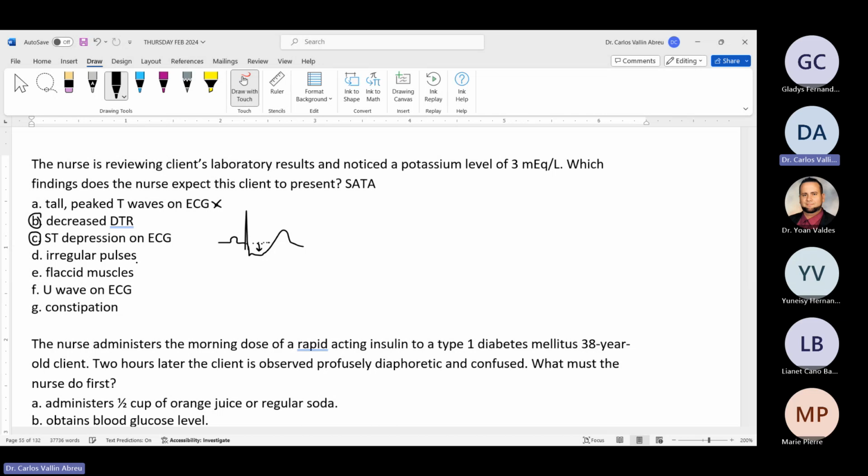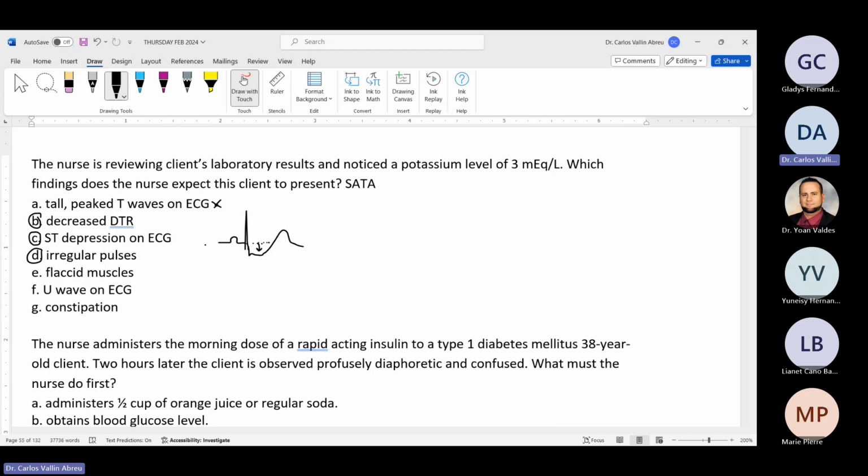Irregular pulses. This is difficult to interpret, but theoretically, hypokalemia is the cause of cardiac dysrhythmias, and the cardiac dysrhythmias produce irregular pulses. So the most logical is to say yes, but let's see.